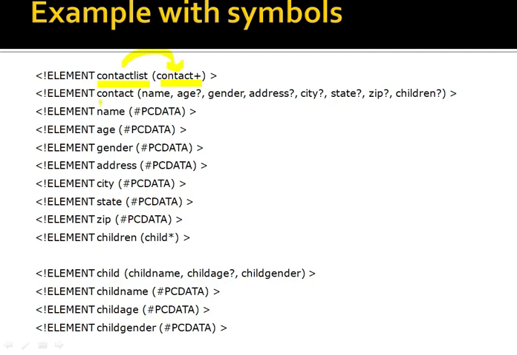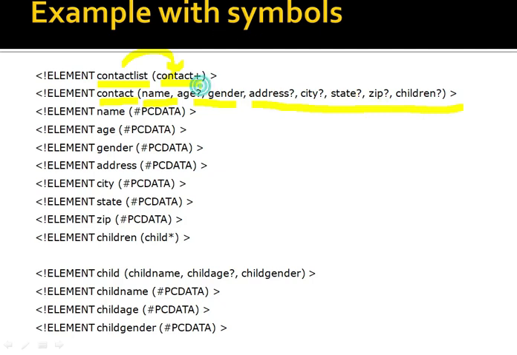This contact list is the parent element. The contact element can again have child elements like this: name, age, gender with a question mark, address, city, state, zip code, children.